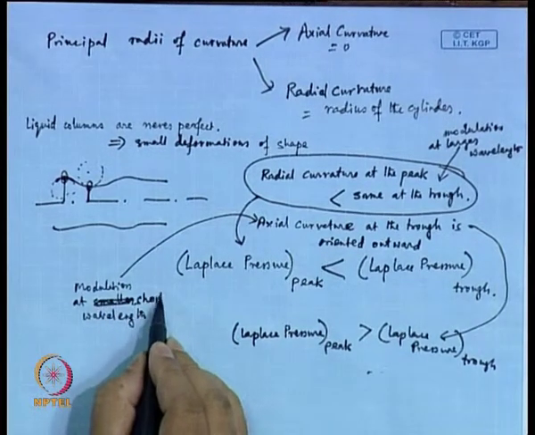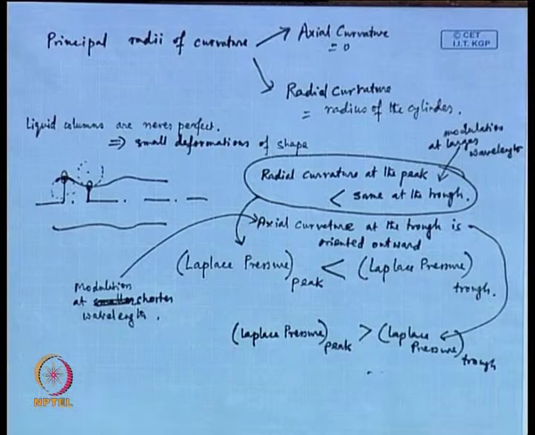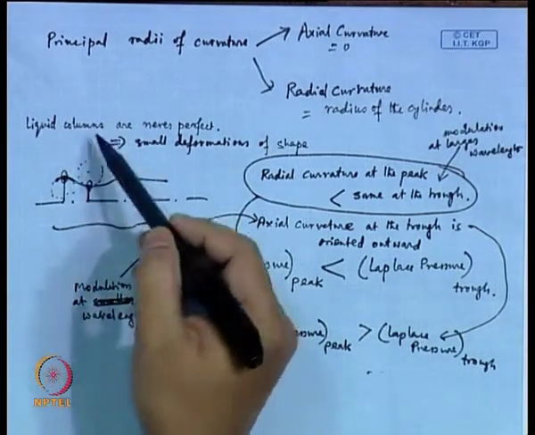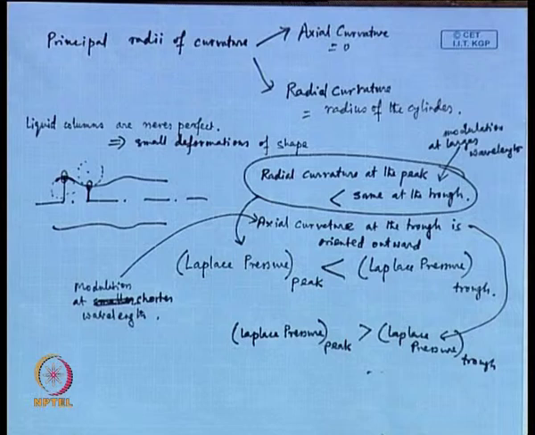Instead of smaller, it should be shorter wavelength. In this case, the Laplace pressure will become negative, since the circle goes in for the trough, the circle goes outside the cylinder. So, probably this will become negative.